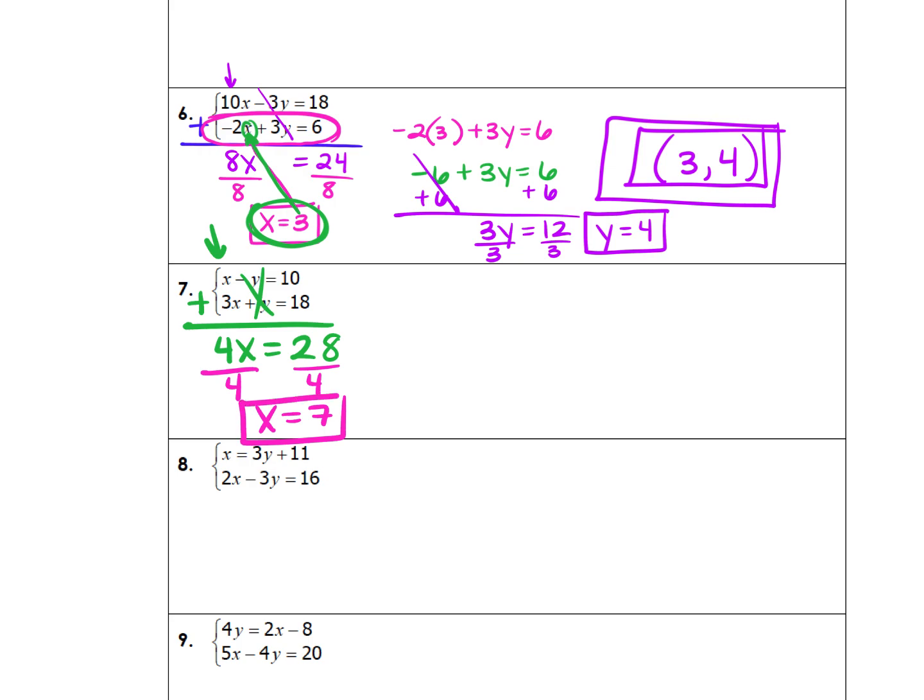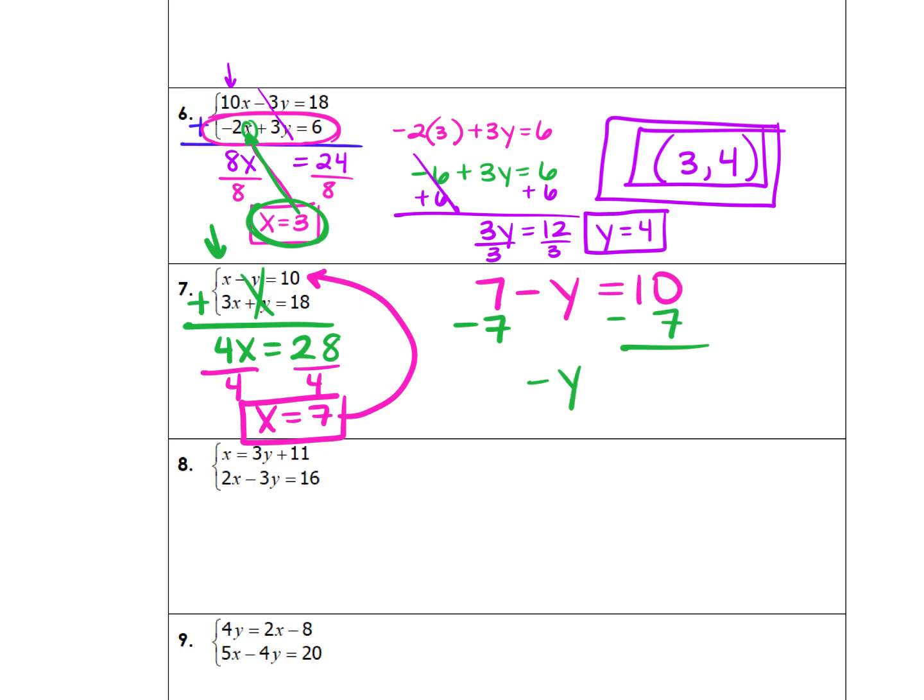Okay, and again, now you have the option to choose where you want to plug this into. You can plug it into either one of them. I'm going to plug it into the top one. So if x is 7, it's 7 minus y equals 10. So I'm going to get that 7 out of there. Take away 7.